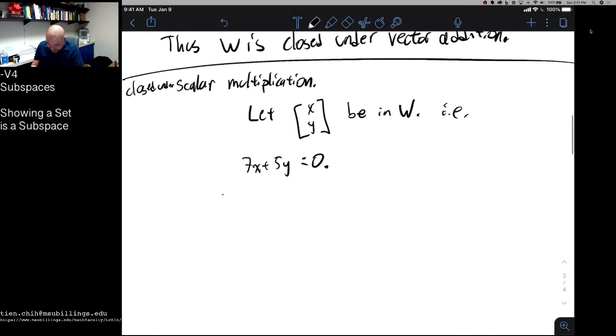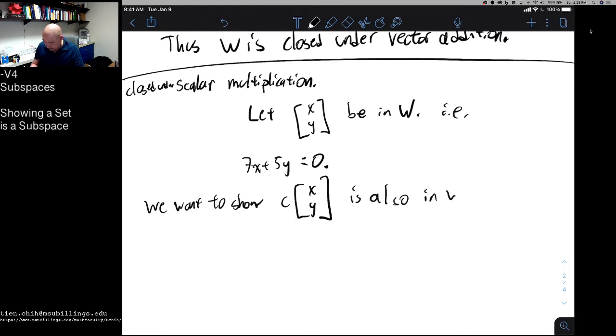And we claim, or we want to show, maybe I'll use the consistent language, we want to show that c times (x, y) is also in W, right?